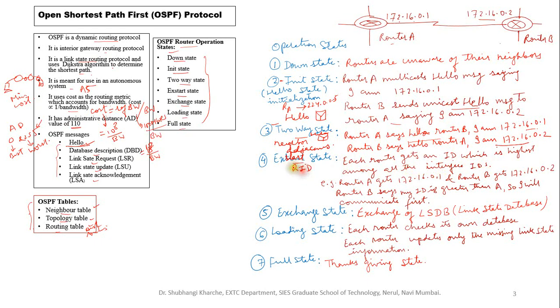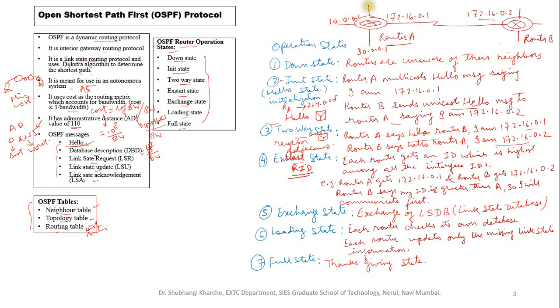The router ID for a router is usually the highest IP address of the physical active interface. For example, for router A, the physical active interface has the IP address 172.16.0.1. Other interfaces on this router have the IP addresses 30.0.0.1 and 10.0.0.1.